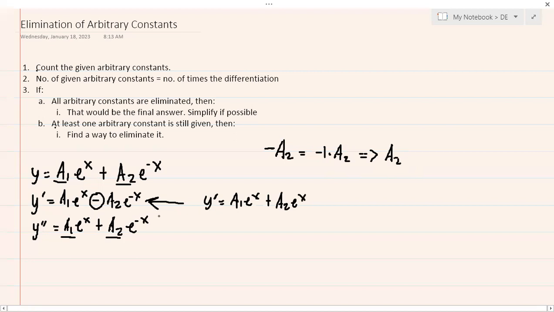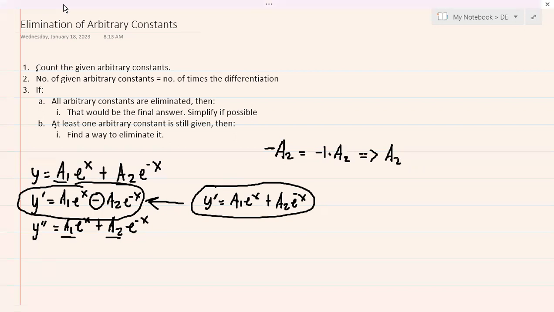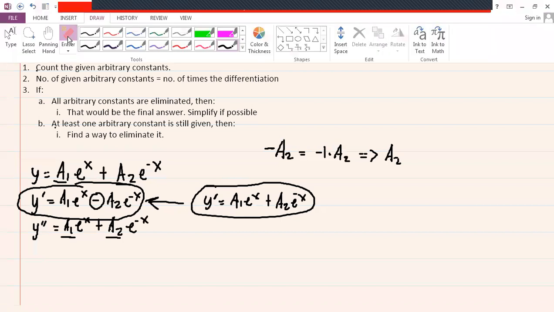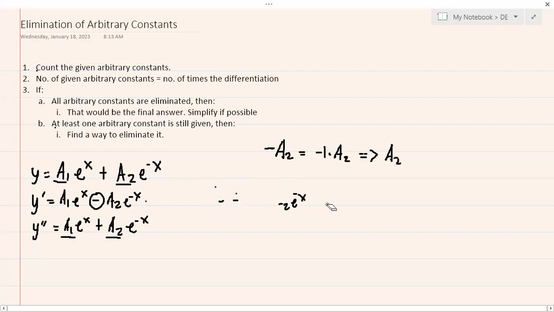Okay? It's up to you whether you use this one or this one as your second equation. By the way, this is raised to negative x. Okay. So now, let's eliminate these arbitrary constants.